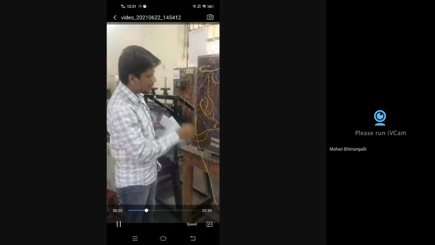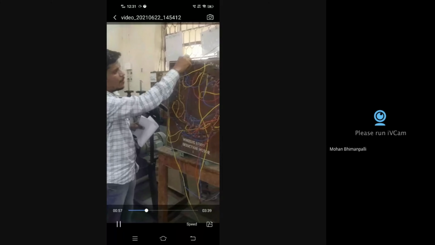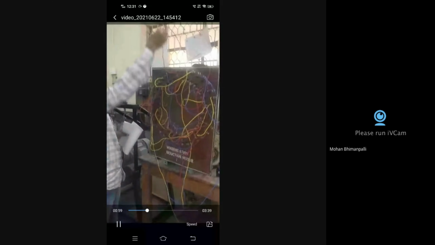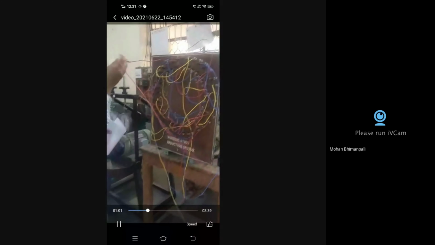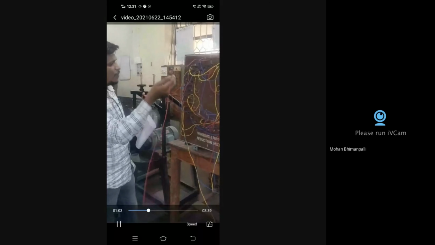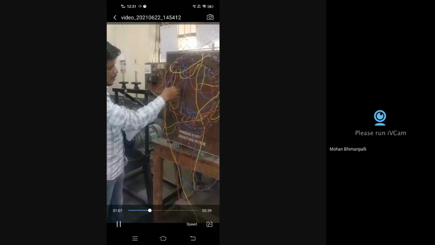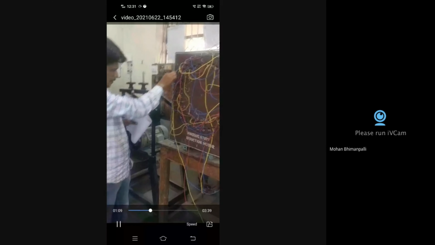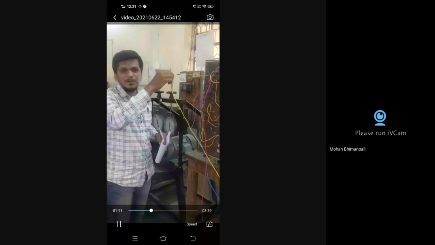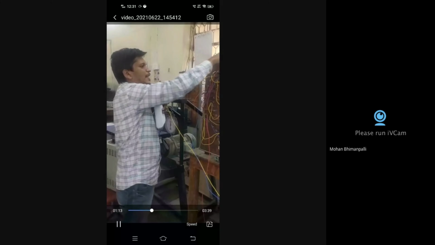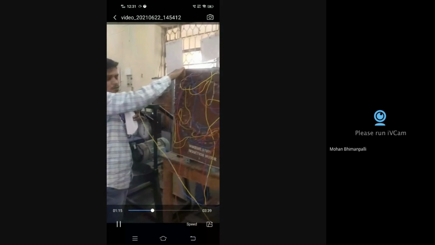That means suppose we have taken the R phase here for the first slot, slot 1. Then if you want to take the Y phase, it will go for the fifth one. For the fifth slot. So that means we are counting 1, 2, 3, 4.